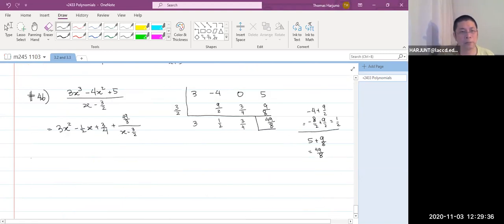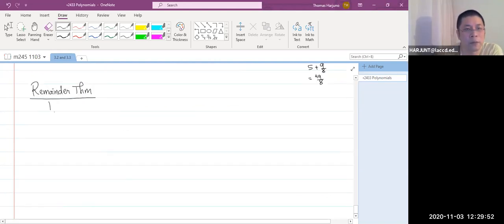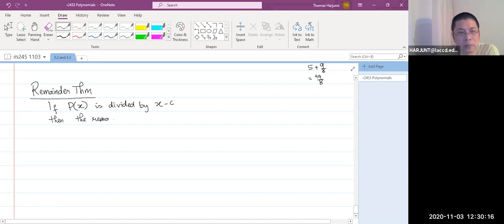Remainder theorem. If polynomial P(x) is divided by x minus c, then the remainder r is equal to P(c).